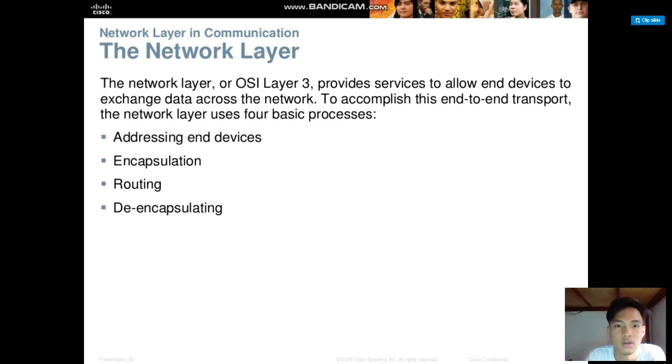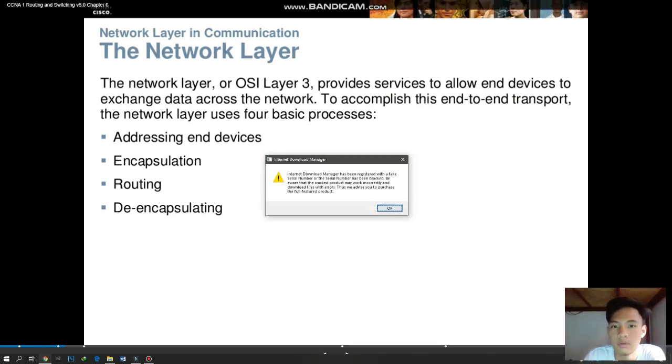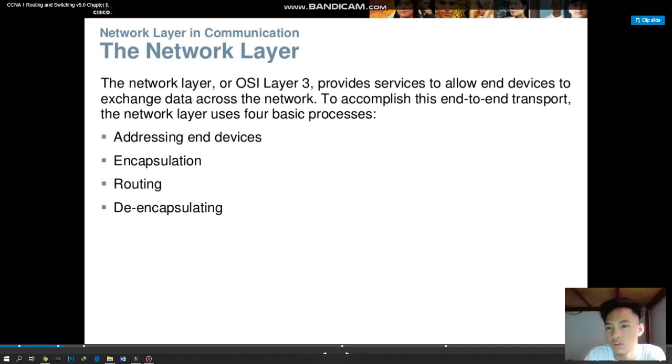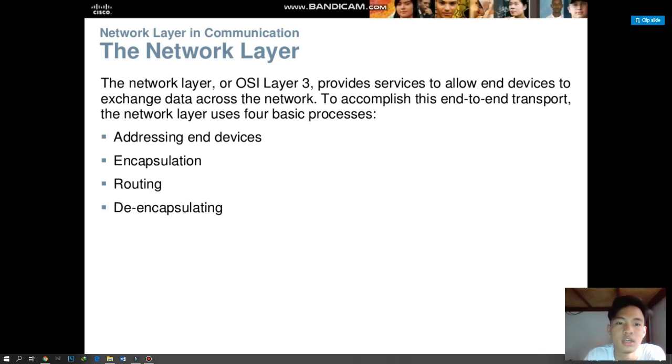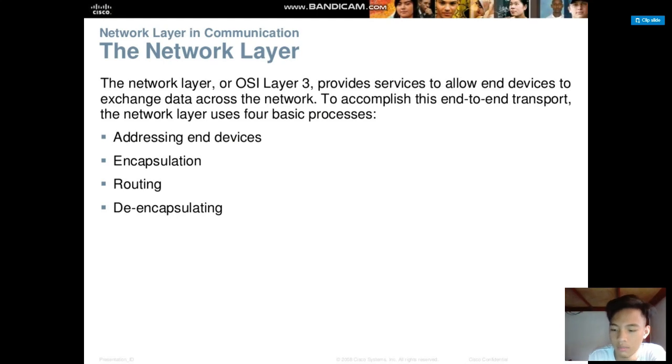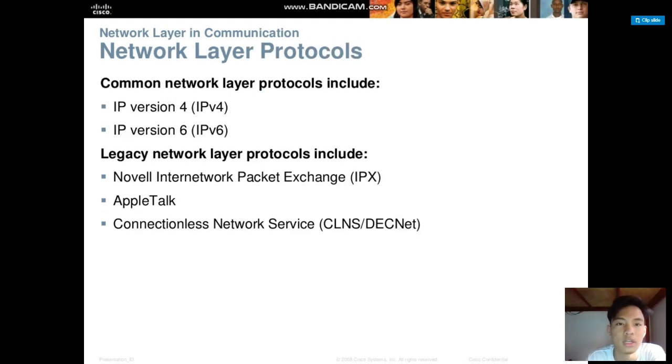The network layer, or OSI layer 3, provides services to allow end devices to exchange data across the network. To accomplish this end-to-end transport, the network layer uses 4 basic processes: addressing end devices, encapsulation, routing, and lastly de-encapsulation.